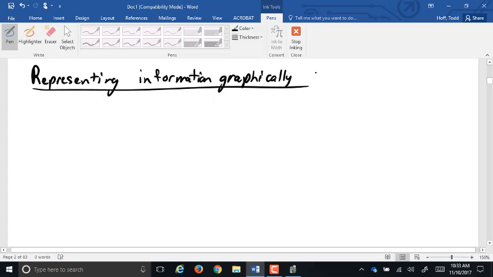And we've already done a little bit of this when we talked about working with negative numbers. We talked about number lines, and there's actually a couple of different representations of numbers we talked about there.